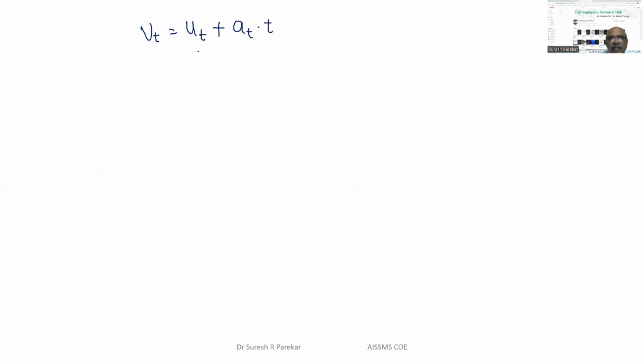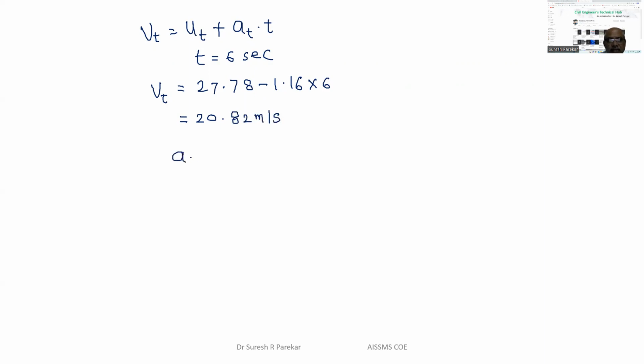Now t is equal to 6 seconds. Therefore v_t equals u_t, which is 27.78, a_t is minus 1.16, and t is 6, and we have the value of v_t. This comes to 20.82 meters per second.